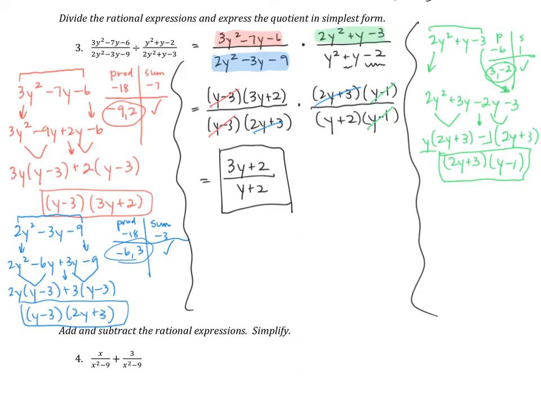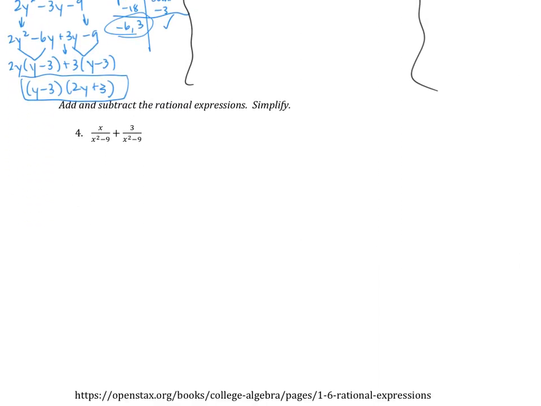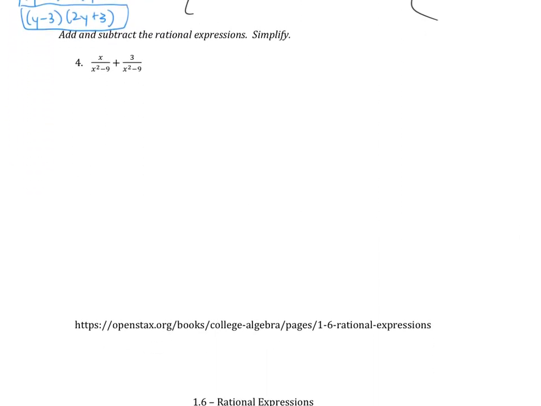Okay, so now we've done simplifying, multiplying, and dividing. Now we're going to look at adding and subtracting. Usually we think adding and subtracting is easier, but in this section, it's more difficult because remember that you have to have a common denominator. So in number 4, I've given you an example that already has a common denominator, so the bottoms are the same.